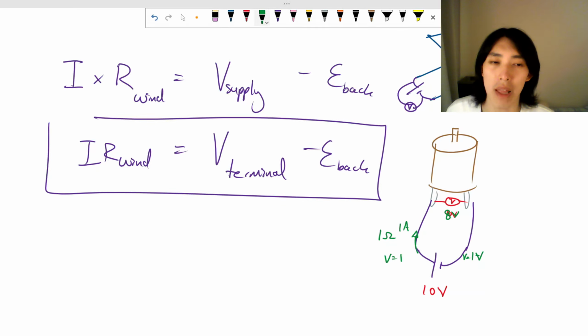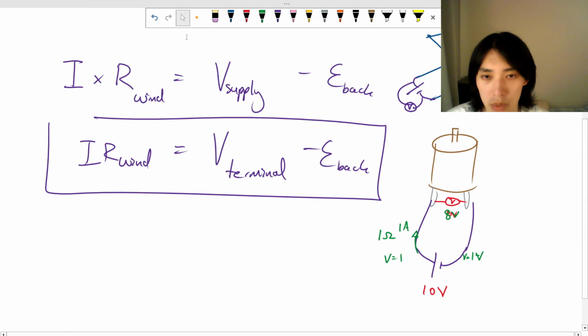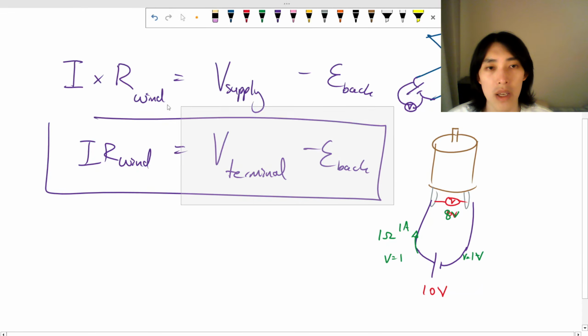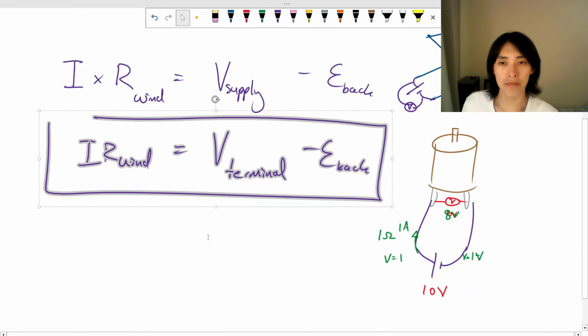That's unlikely because we tend to use short wires, and also because our wires tend to not be that resistive, but that's just a theoretical consideration moving between V supply and V terminal.